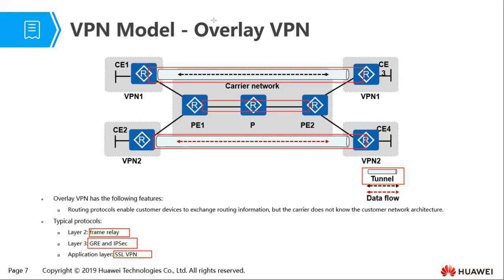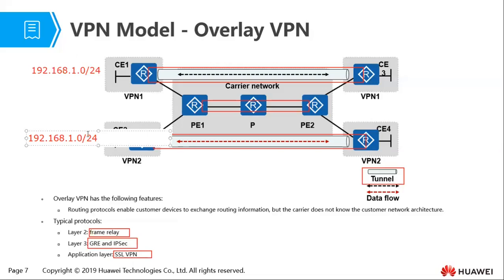So overlapping address spaces means this customer here can use 192.168.1.0/24, and this customer can also use 192.168.1.0/24.